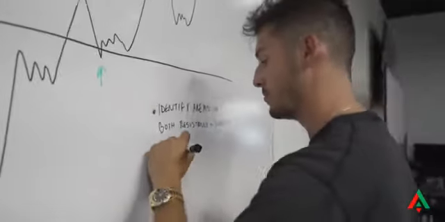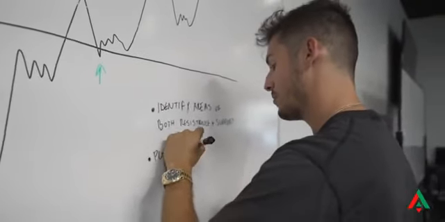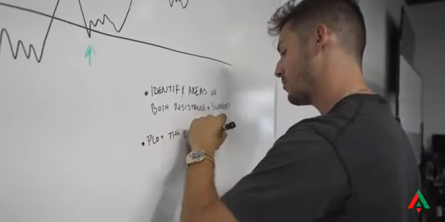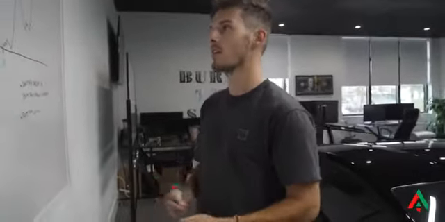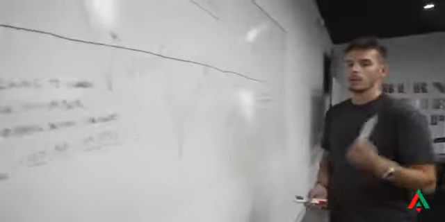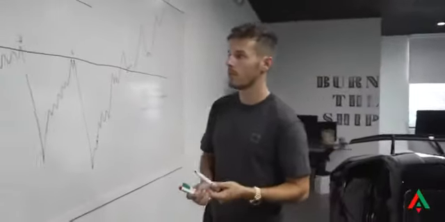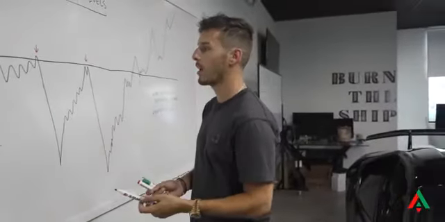Plot the level. But the most important thing is just actually having those market examples of resistance and support to make sure that the level is valid. So now that we've covered everything on the whiteboard, let's go over to the computer, take a look and see what it looks like on the screens in the real market.